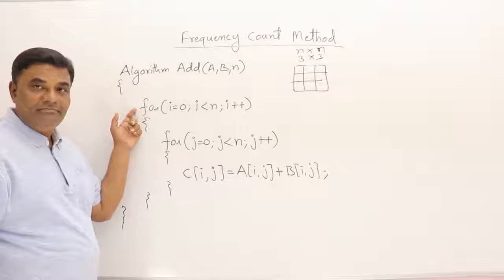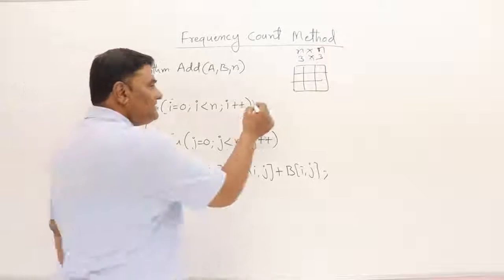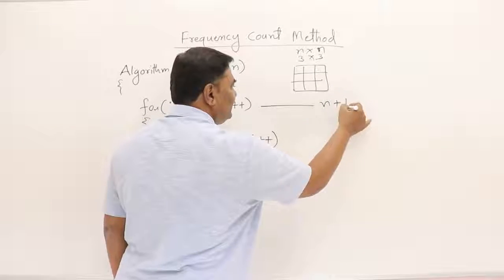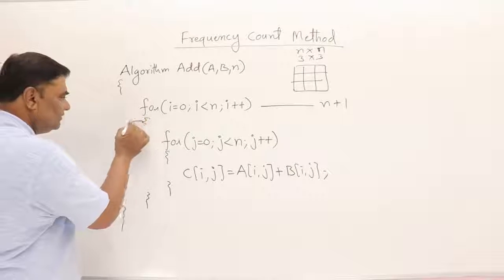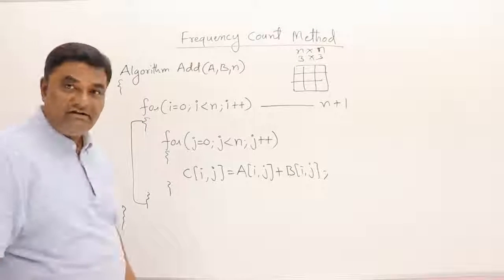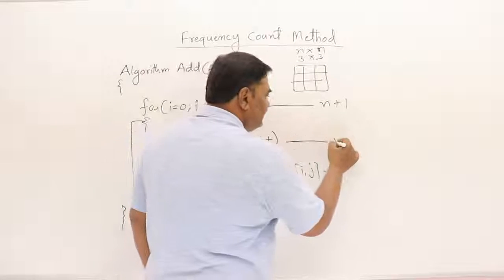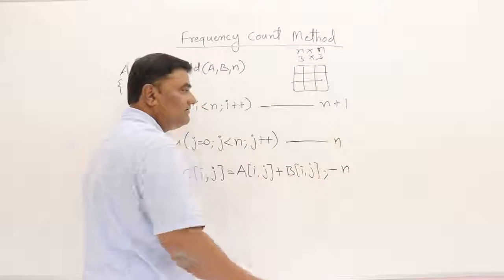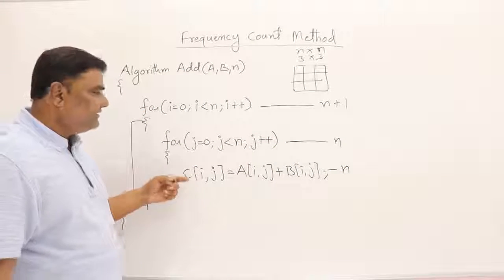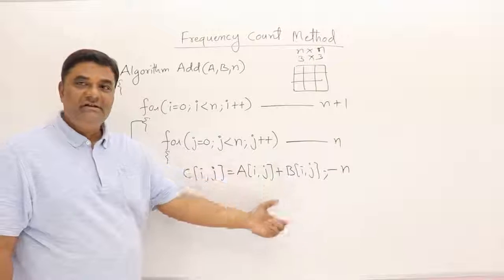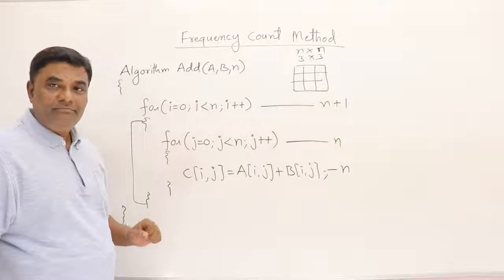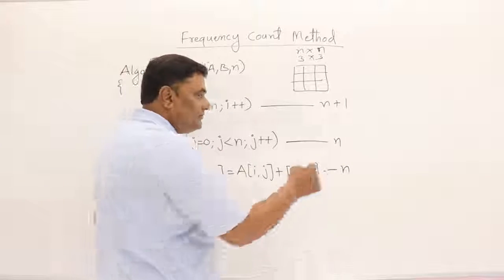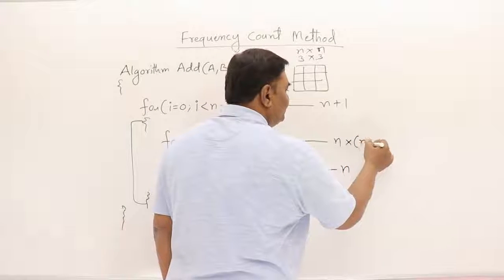For loop, already we know this will take n plus 1 time. Now whatever is there inside this loop will execute for n times. This is n, this is also n. Two statements are there, each is taking n. Then again this is a loop, so for this also n plus 1.